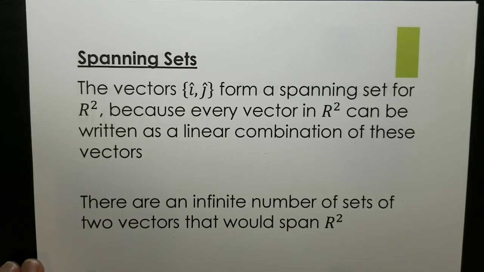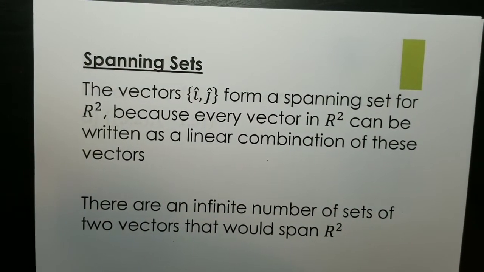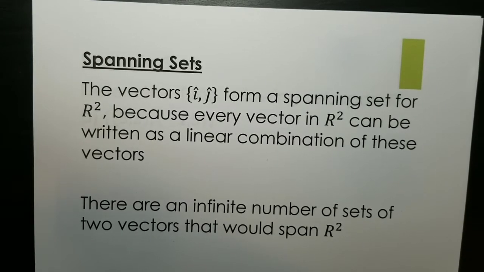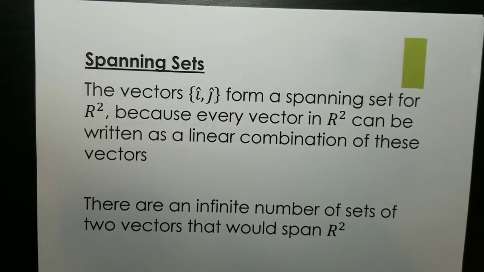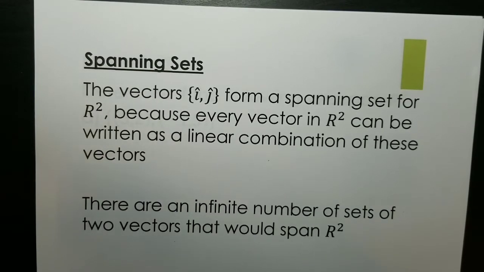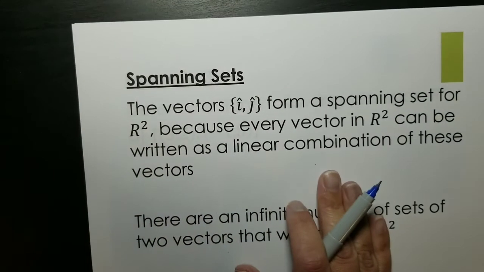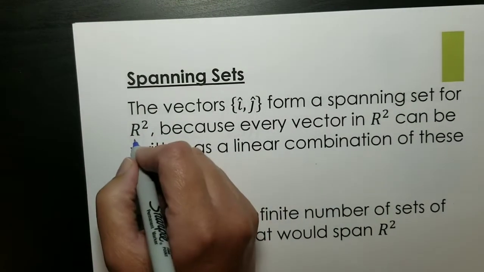The next topic we're going to look at is called spanning sets. So this is sort of a way of saying, can you have a linear combination of two vectors and be able to get everywhere? And this is, in this course, really relevant to R2.